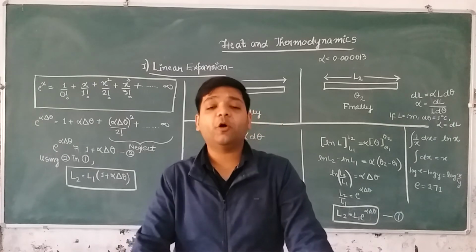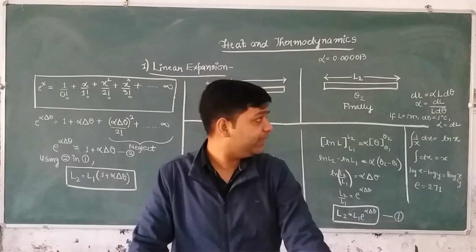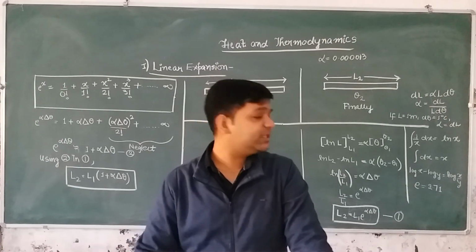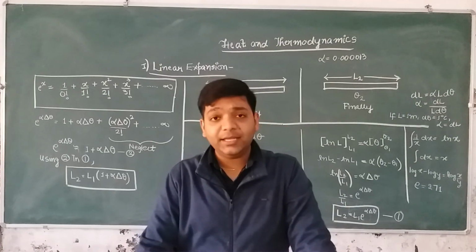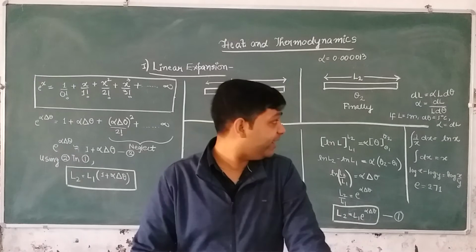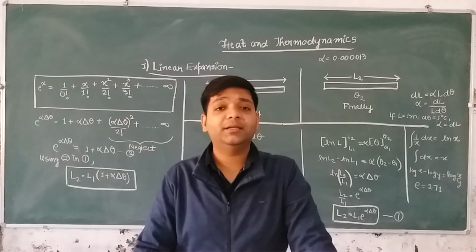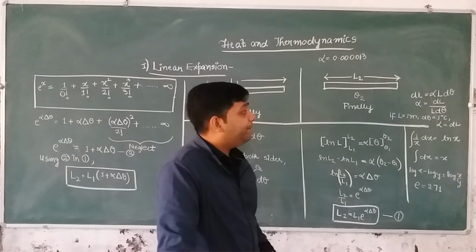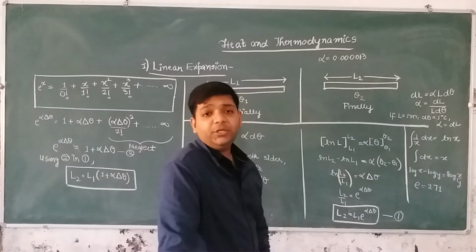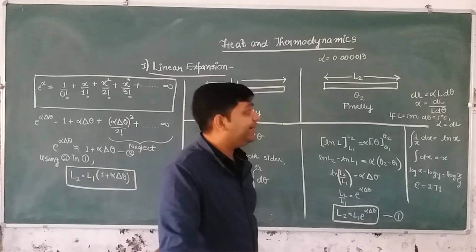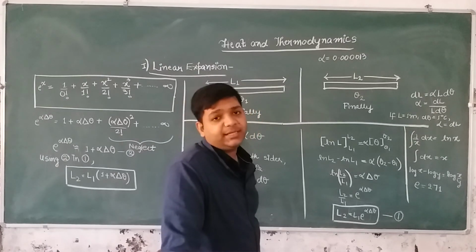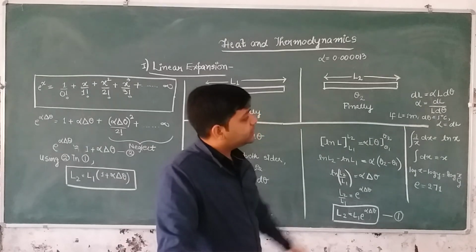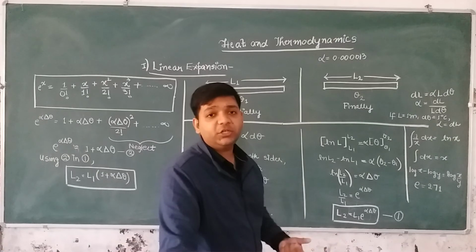So write down: the coefficient of linear expansion is defined as the increase in length of the rod per unit length of the rod per unit rise in temperature. Right? So this is how we define coefficient of linear expansion.